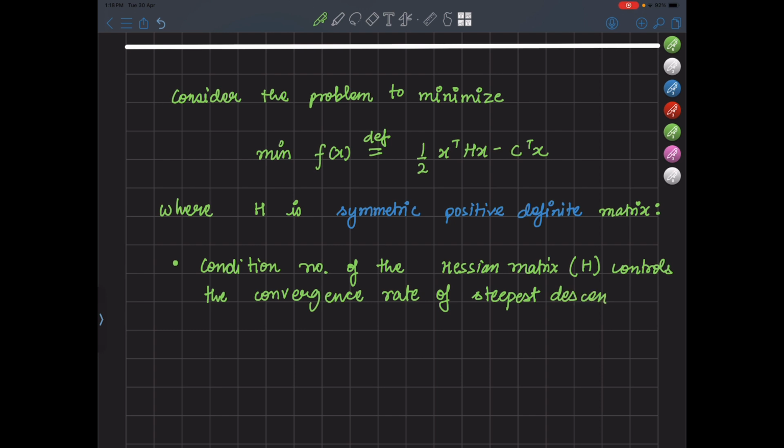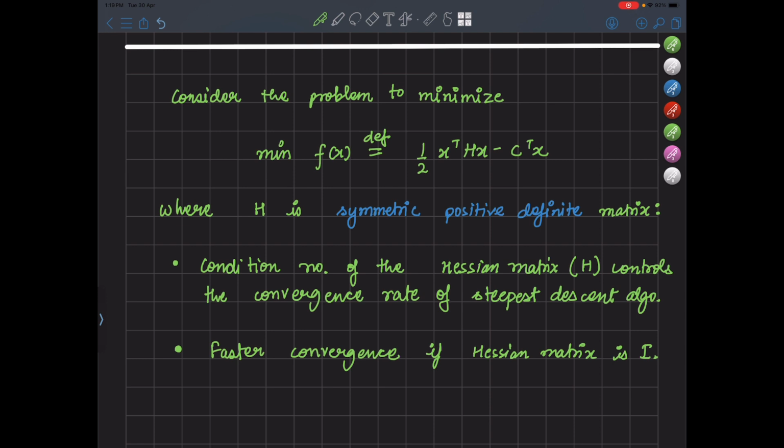And if the Hessian matrix is I, the identity matrix, we'll have faster convergence. So faster convergence if the Hessian matrix is the identity matrix.